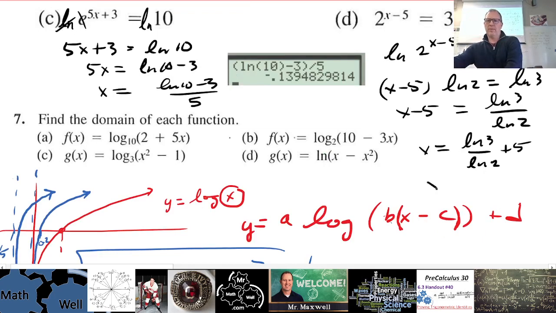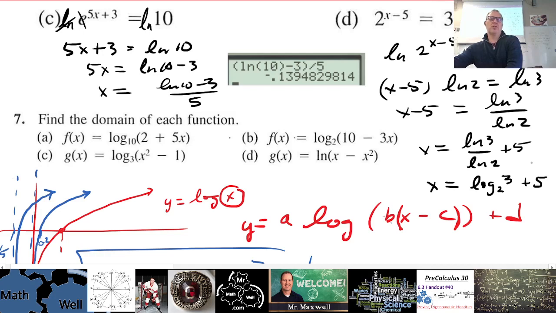You have to now change it to logarithm of 3 base 2, plus 5.